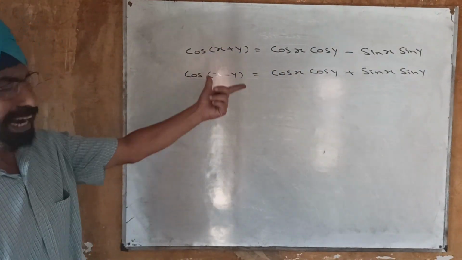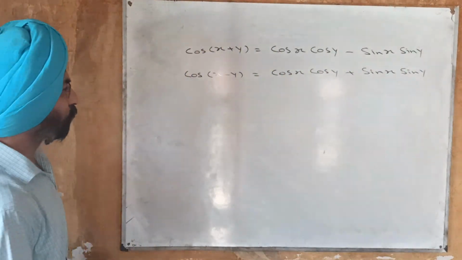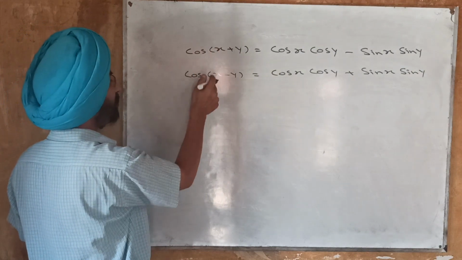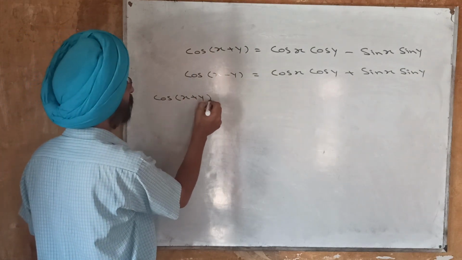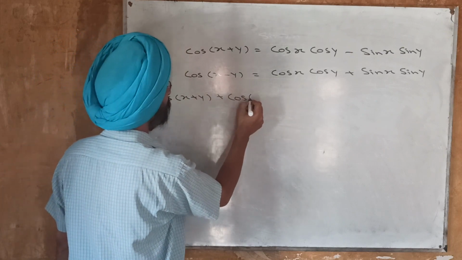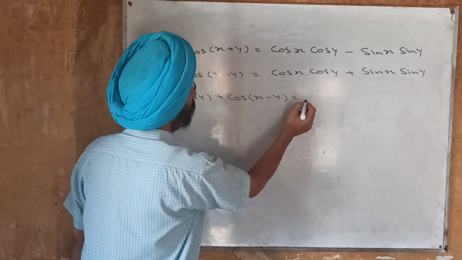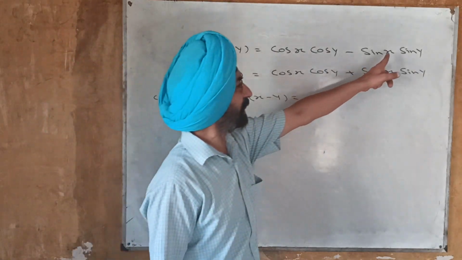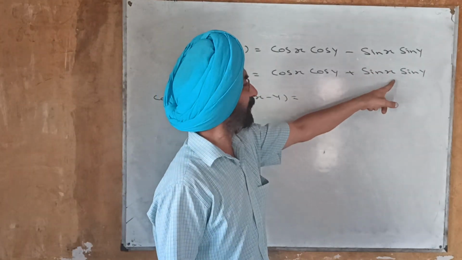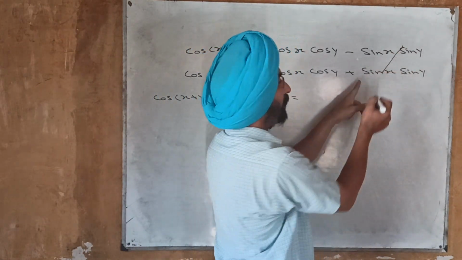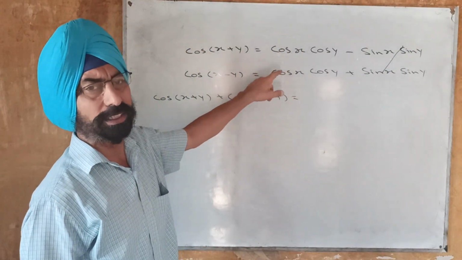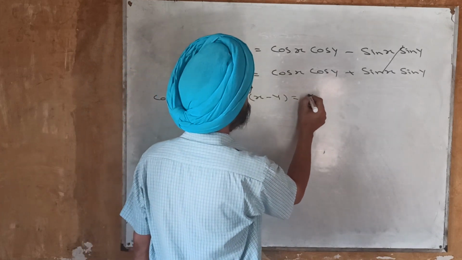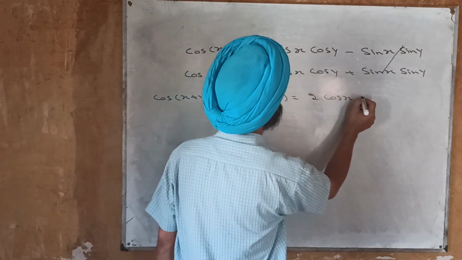Now add these two. What will you get by adding these two? Your left hand side will be cos(x plus y) plus cos(x minus y). On the right hand side, sin x sin y with negative sign and sin x sin y with positive sign will be cancelled out, and the two similar terms will be added to get twice of this. So it will become 2 times cos x cos y.